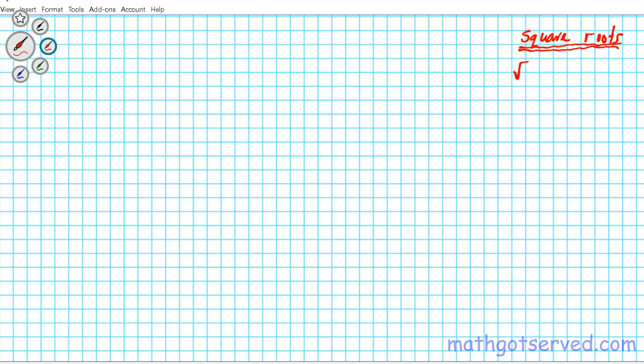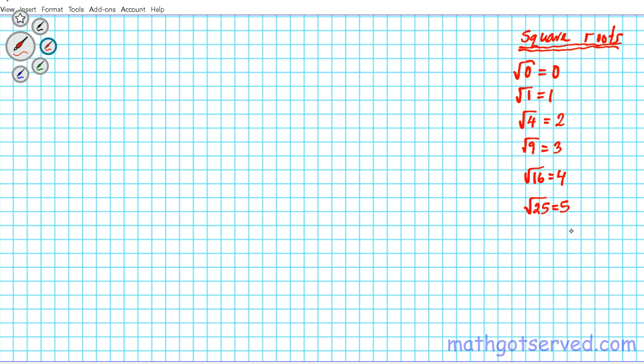What is the square root of 0? Since 0 is a perfect square, the square root of 0 is 0. What is the square root of 1? 1. What is the square root of 4? 2. What is the square root of 9? 3. What is the square root of 16? That's 4. What is the square root of 25?